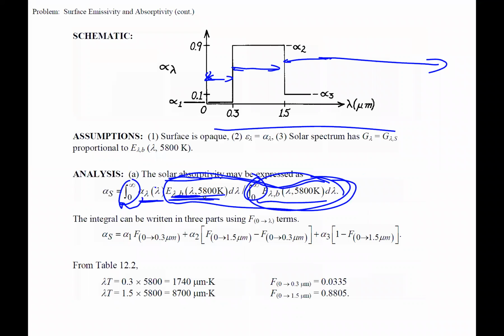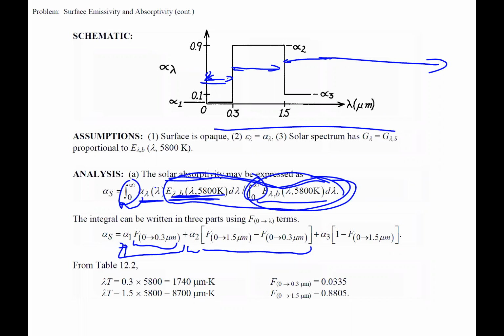And we break it up into 3 sections. Our first section is this right here. This is the fraction of solar irradiation times that absorptivity. Here is the second section, which is 0.9, over the fraction of what's coming from the sun over those wavelengths also.